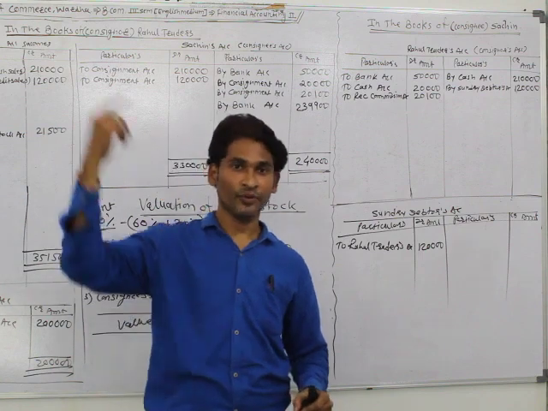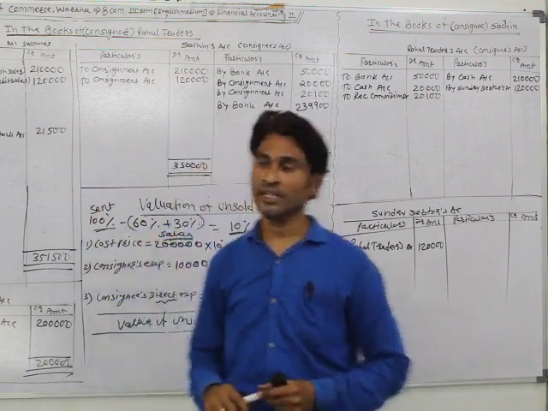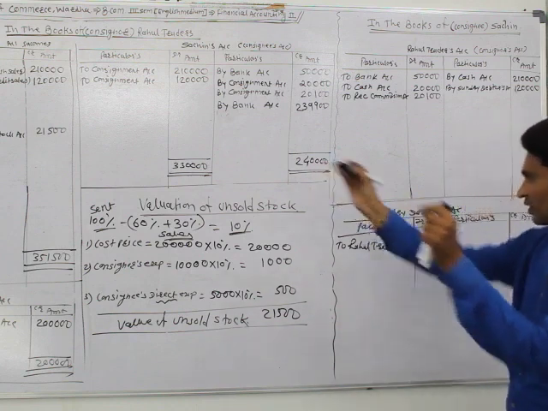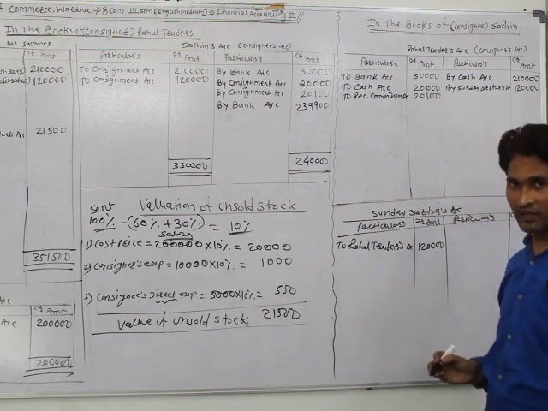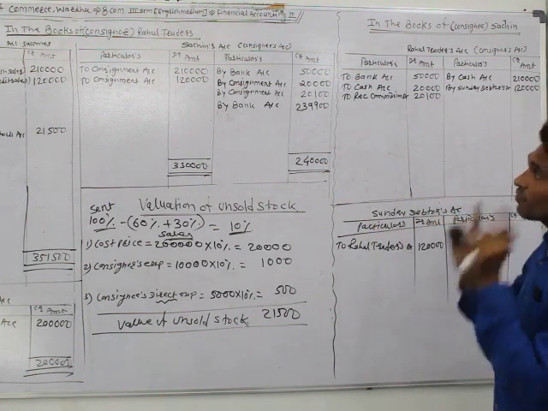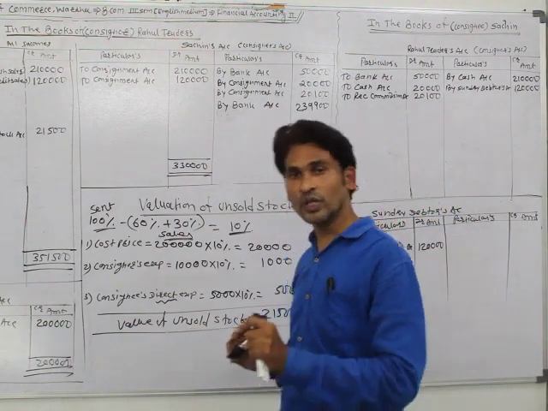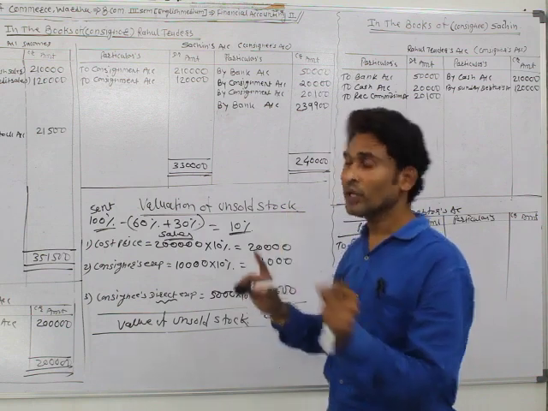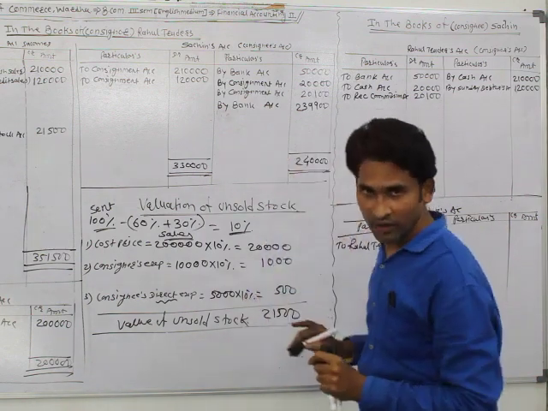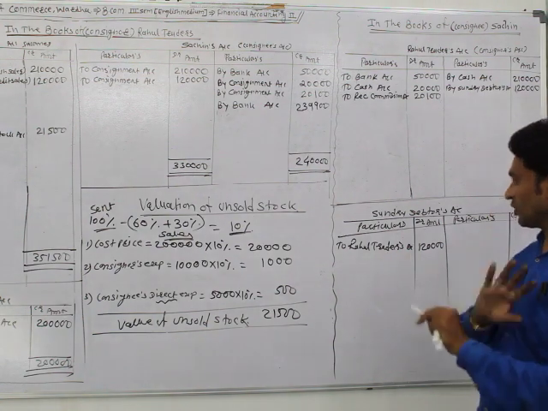Now here we just focus on the transactions related to consignment. We just show the accounts related to consignment. We can't show all accounts.